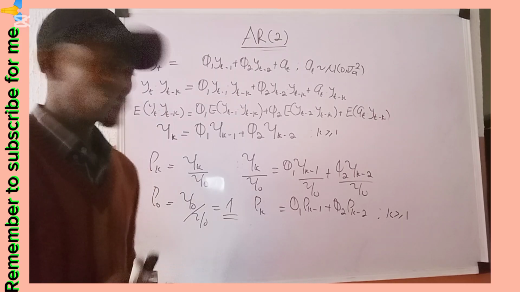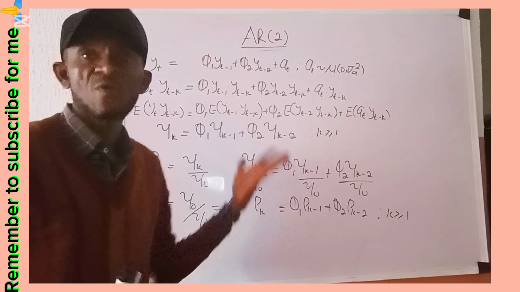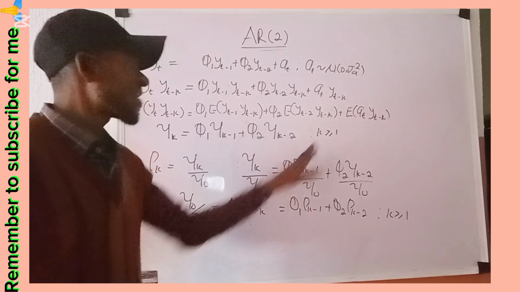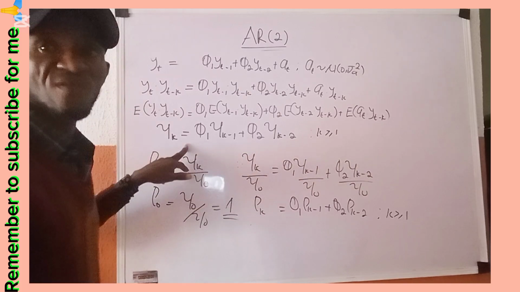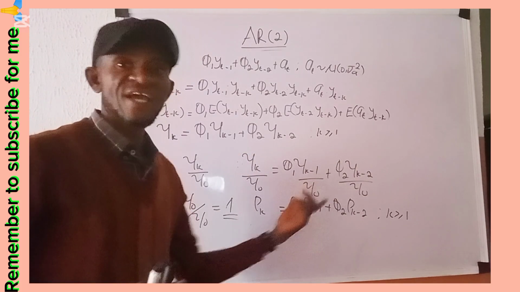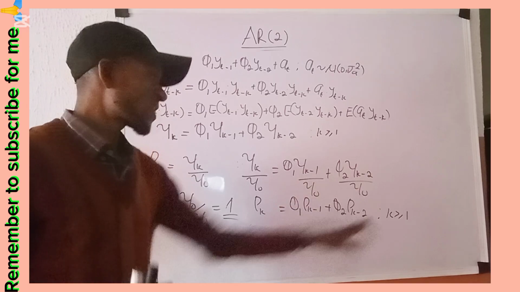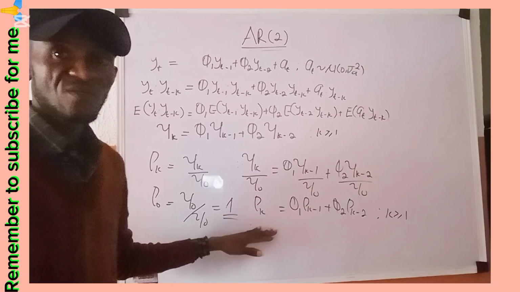So if somebody asks you to obtain the autocovariance of AR of order 2 for k greater than or equal to 1, you arrive at this. If somebody says obtain the autocorrelation function of AR of order 2 for k greater than or equal to 1, it is given as this.